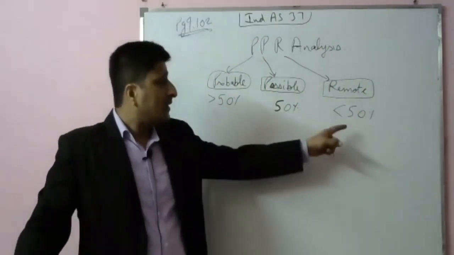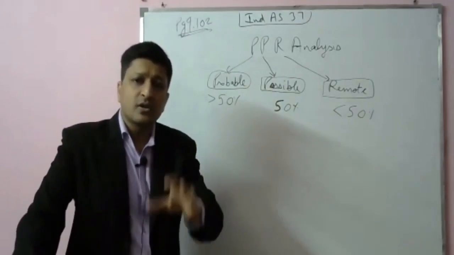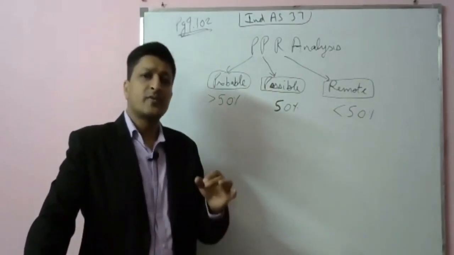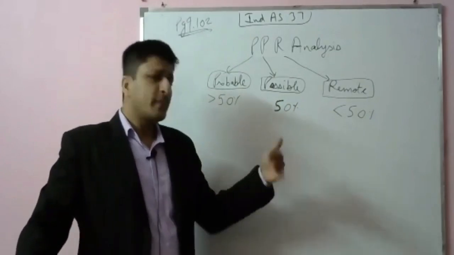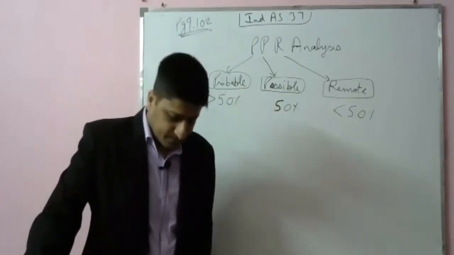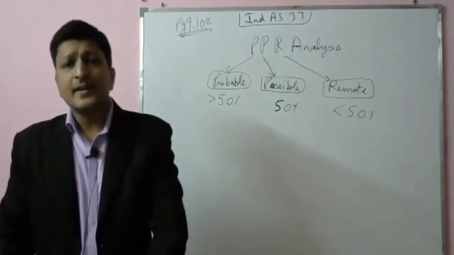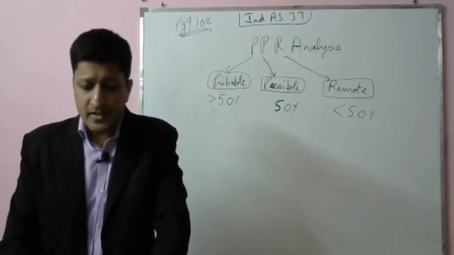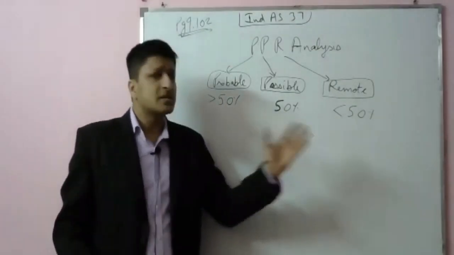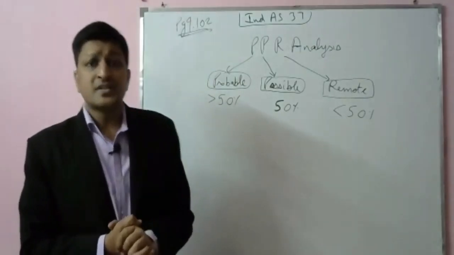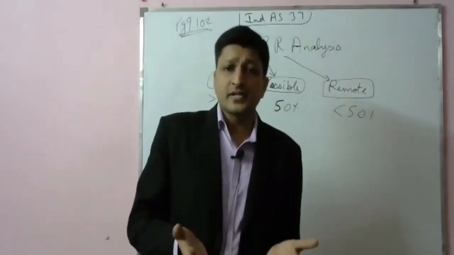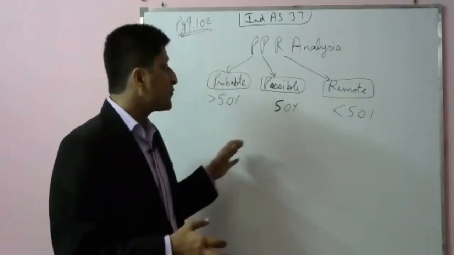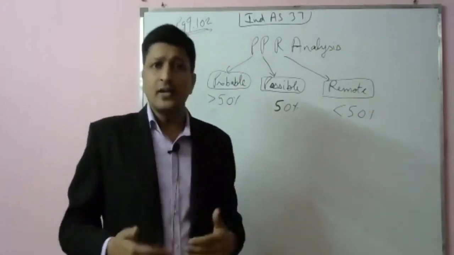Now here again, what is less than 50% is not defined. Less than 50% can be 5%, less than 50% can be 35%, or it can be 49%. Practically, it's very difficult to put down this analysis in terms of numbers like this. But still, for the purposes of our understanding, we need to have some mechanism. And that's why we use this mechanism for getting into this understanding.